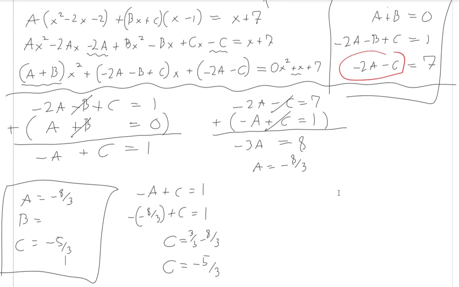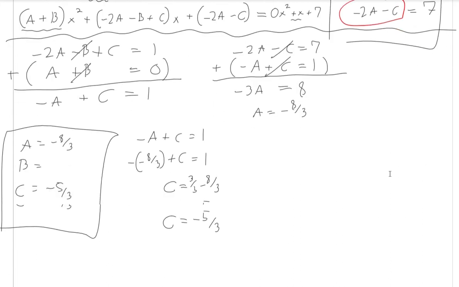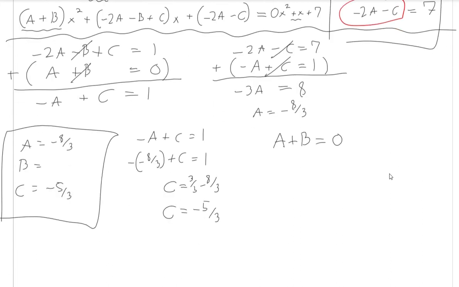And then I can solve B. Looking up, I have the easiest one possible. I have A plus B equals 0. And since I already know A is negative 8/3, I can add 8/3 and I get simply B is 8/3 itself. All right, so not the simplest, but it's fine.